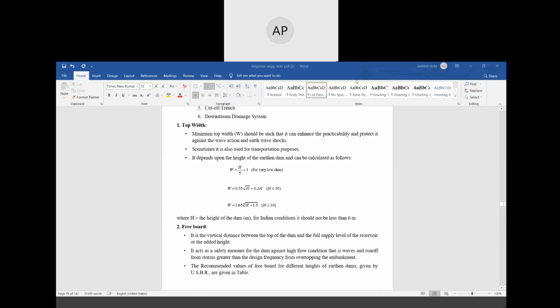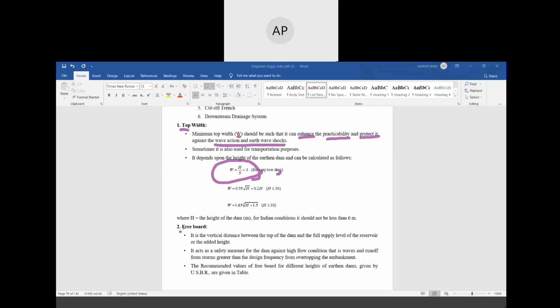So top width, what is the criteria? The top width W should be such that it can enhance the practicability of the dam and protect it against wave action and earth shocks. It depends on W equal to H divided by 5 plus 3 for a very low dam.